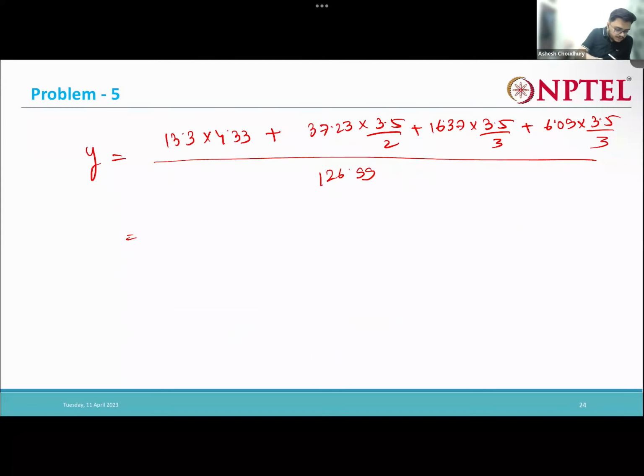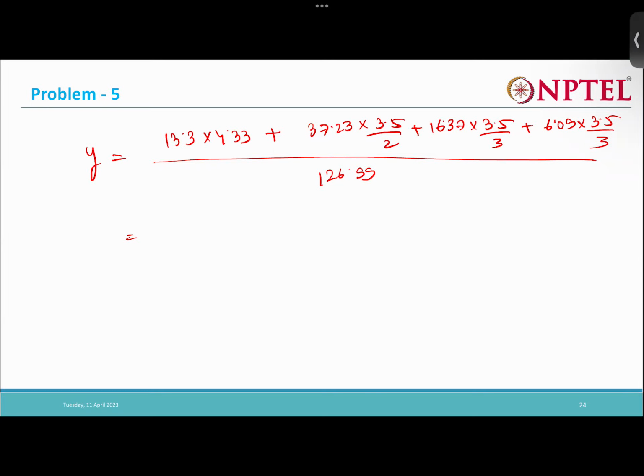So please calculate this one. That gives 1.68 meter. Okay, 1.68.